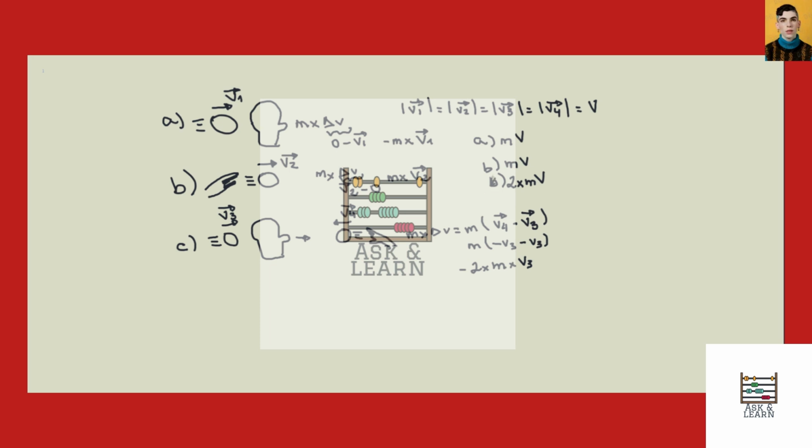Oh, sorry, this is case C. So we see that in case C, catching the ball and then throwing it back in the opposite direction is the one that changes the momentum of the ball the most.